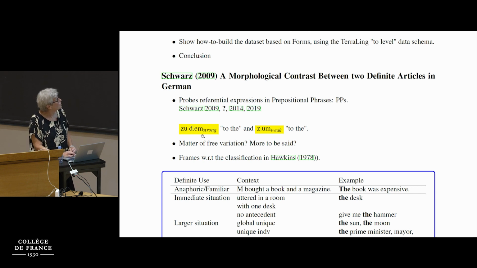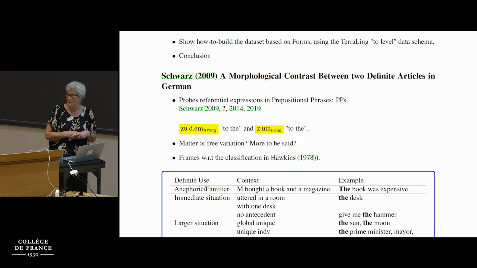And if you put those objects or DPs in prepositional phrases, you will either be able to say zu dem, where there's a D here, so this is the strong definite article, or you will have zum, which is a contracted form where the D is absent. Right? And you might expect that this is just an option that the language has.